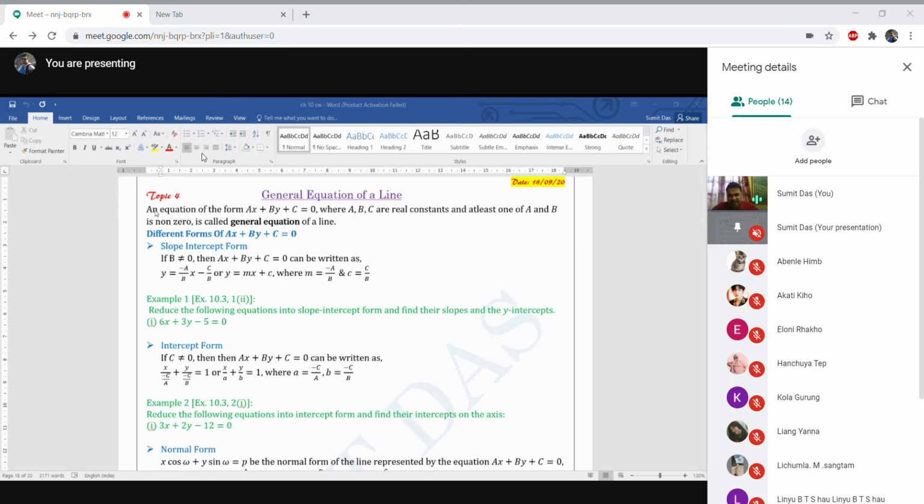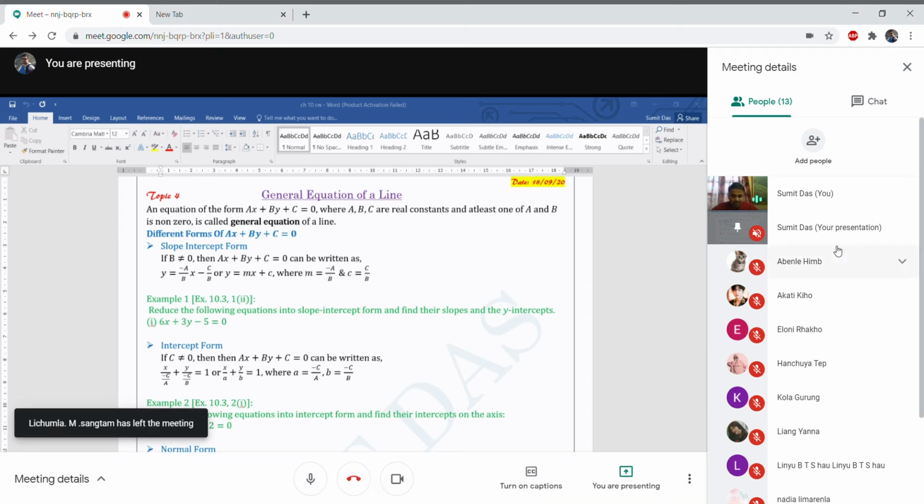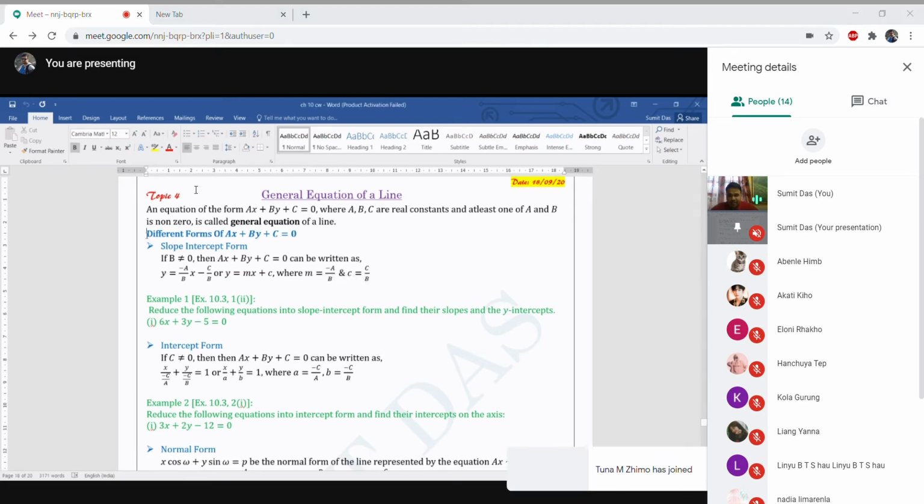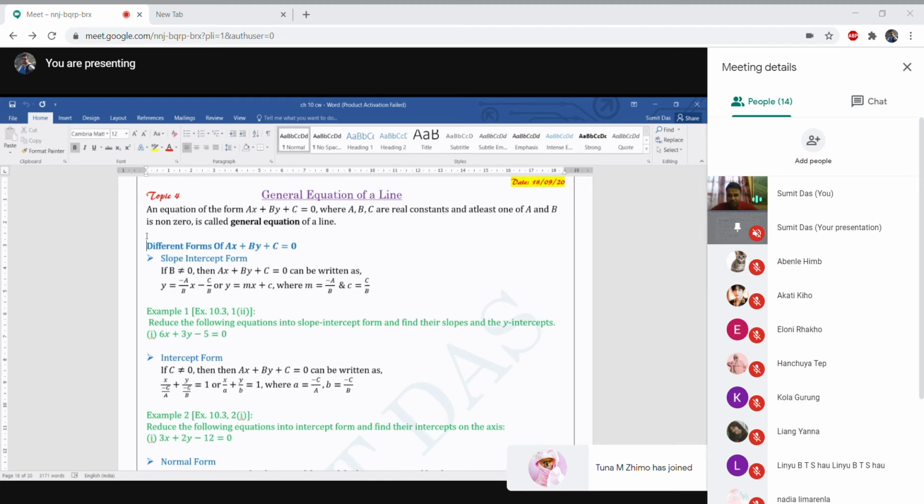So here it is saying an equation of the form Ax + By + C, where A, B, C are real constants, and at least one of A and B is non-zero, is called the general equation of a line.